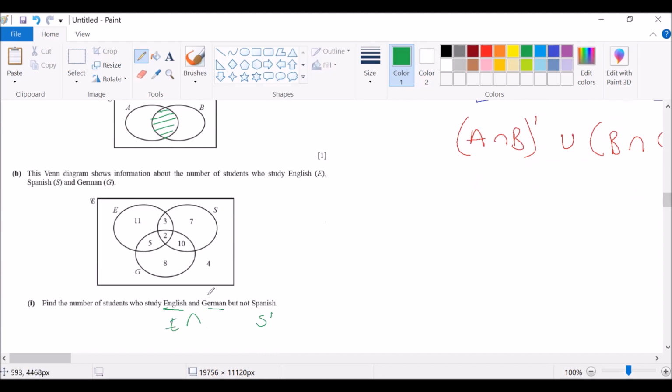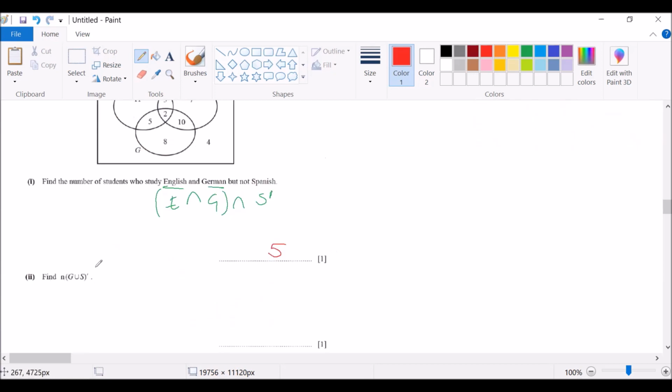So we want English, intersection German, intersection not Spanish. So English and German is this whole set. Not Spanish is anything outside here. So that is the intersection. Not Spanish is everything outside Spanish. The number is 5.